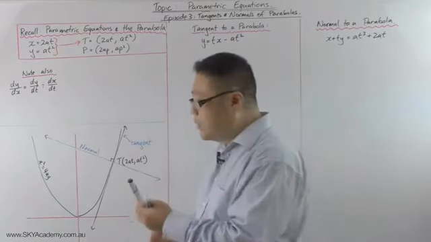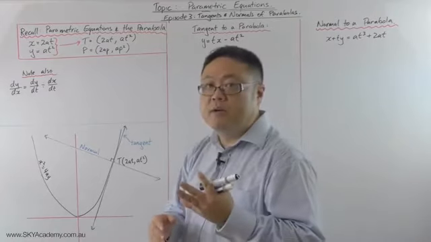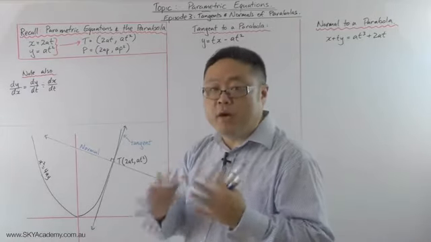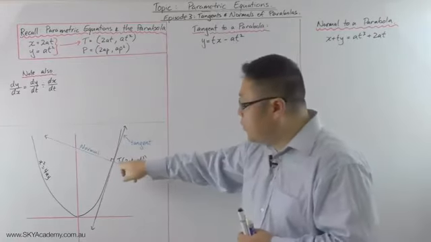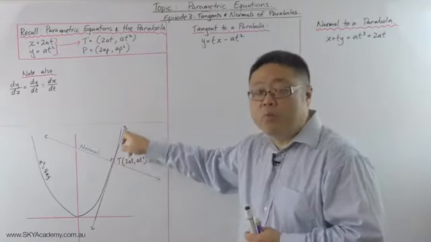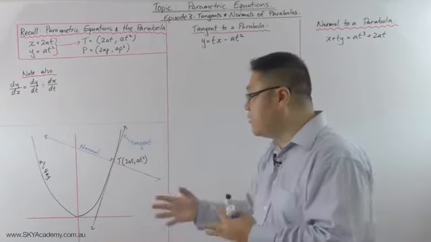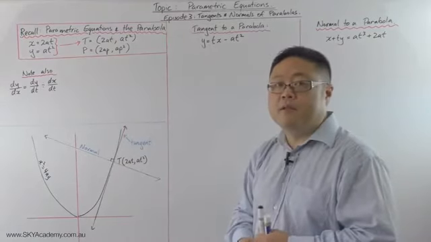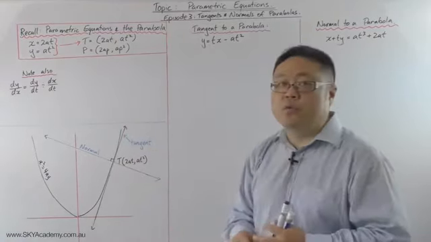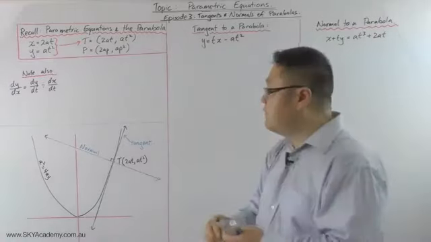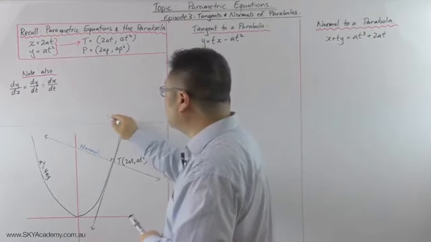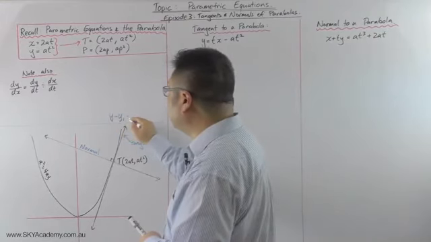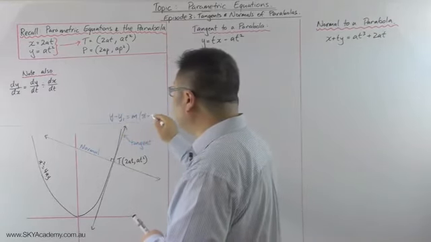So we're going to use the equation of a straight line to work it out. We've got a point and we can work out the gradient, and that will give us the equation of the tangent and the normal using the point-gradient form. If you recall, the point-gradient form is y minus y1 equals m times (x minus x1).